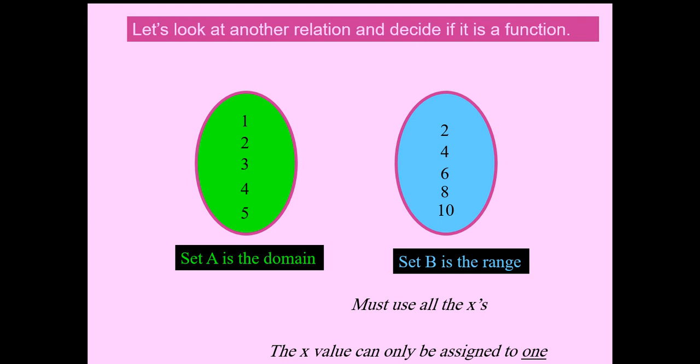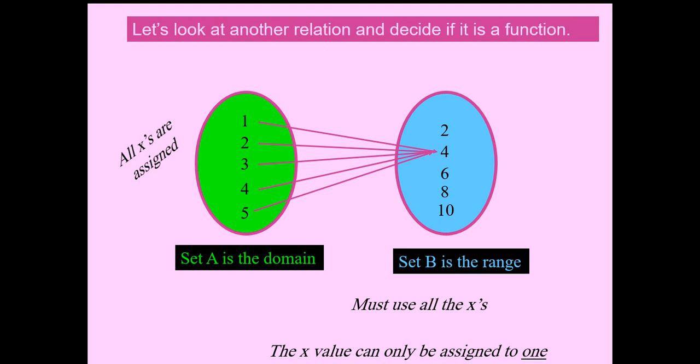Now let's look at another relation and decide if it's a function or not. If I look at this one, do you think this is a function? Miss Mirella said we need to use all x's, and all x's should have values. If I look here, all the x's have some value. So must use all the x's: verified.